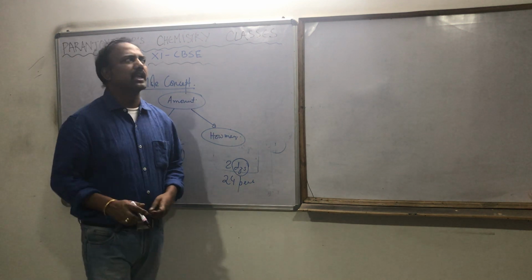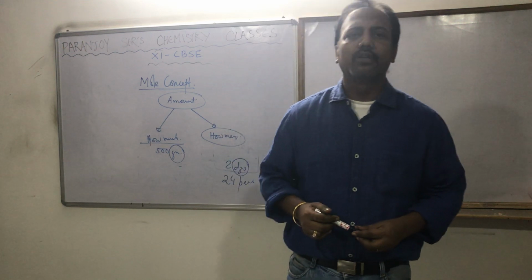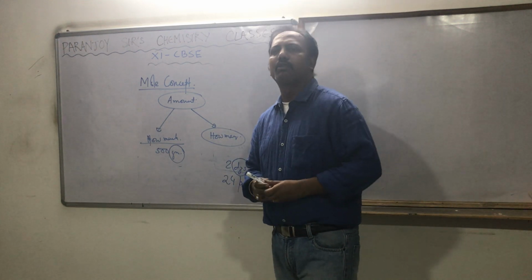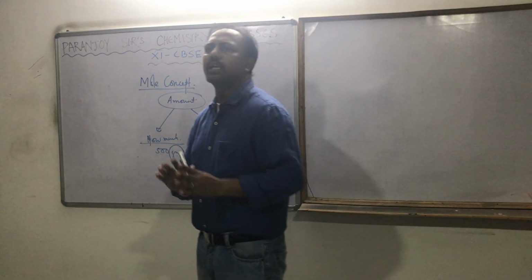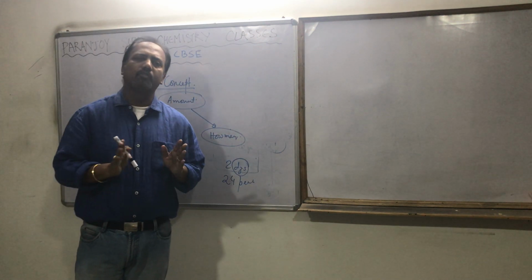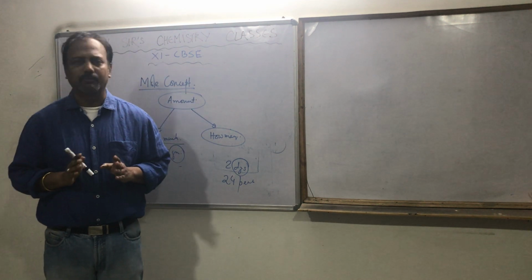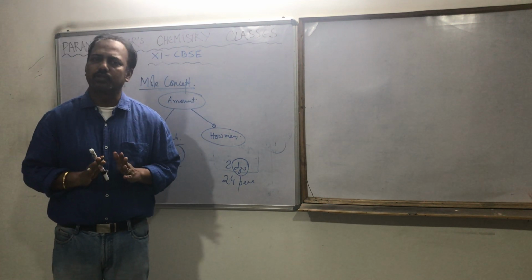So there are certain units of amounts which can tell us only about how many. There are certain other units which can tell us only about how much. But none of them can tell us both.